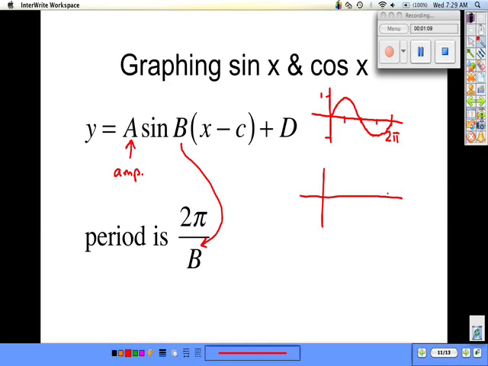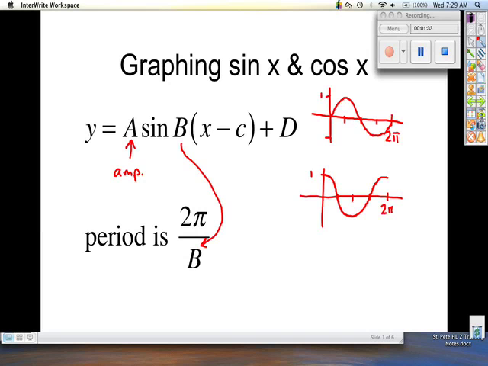The regular graph for a cosine, the graph of cosine x, has a period of 2 pi, amplitude of 1, and it looks like that. And of course, this is one period of the graph, one cycle. These things go on forever, both directions, repeating themselves.